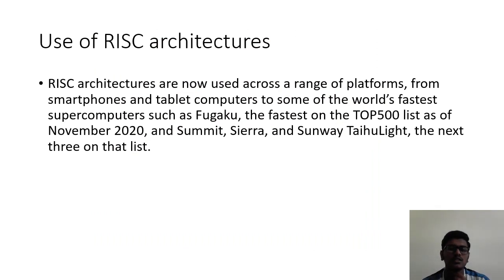Use of RISC architectures. RISC architectures are now used across a range of platforms, from smartphones and tablet computers to some of the world's fastest supercomputers, such as Fugaku, the fastest on the TOP500 list as of November 2020, and Summit, Sierra, and Sunway TaihuLight, the next three on that list.